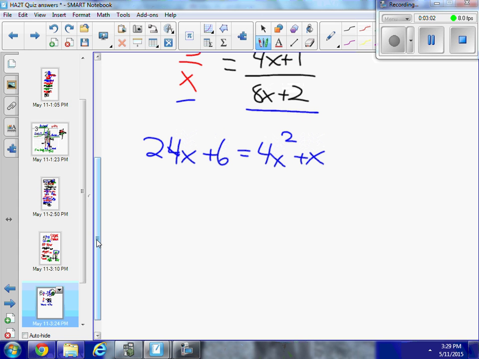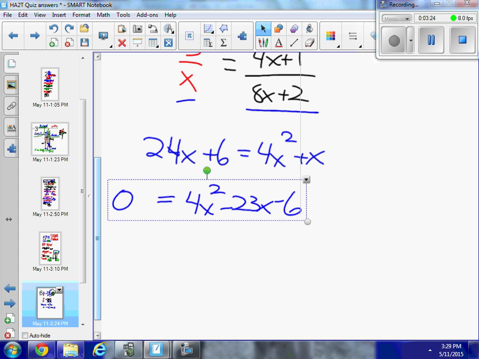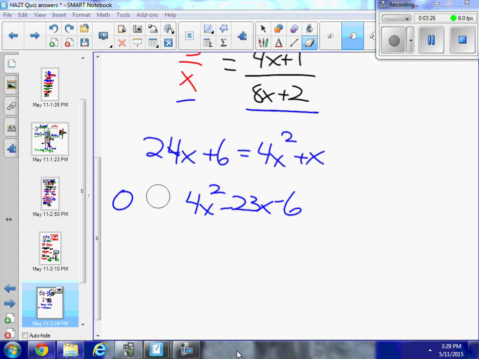I want to get everything onto one side and set it equal to 0. So I have 4x squared minus 23x minus 6 is equal to 0. I'm going to move this over this way. Sorry about that. I like my zeros on the right.